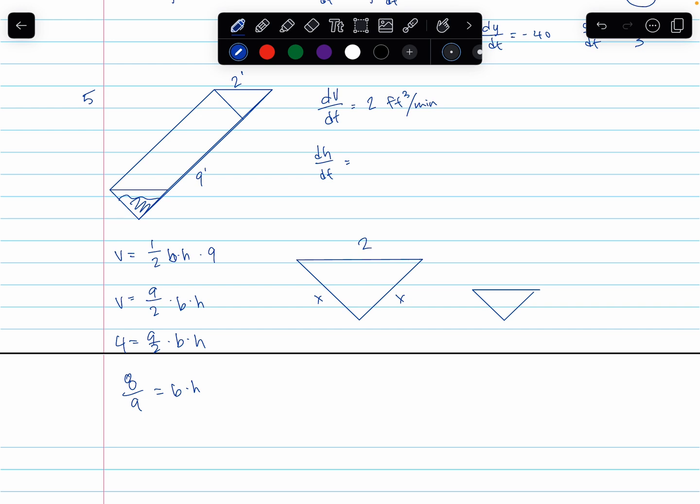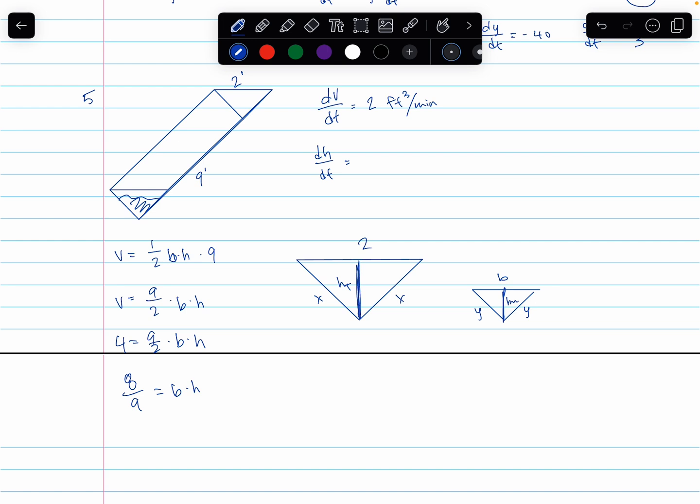So with that right there, we'll call this the base. This right here, we'll call this side Y, and this right here will be Y because it's isosceles. So we have the height of the water right here. This is going to be the height of the trough, right? Height of the trough. Okay.